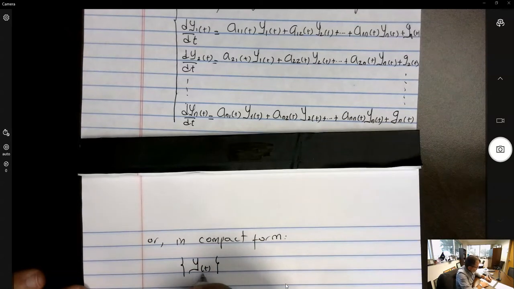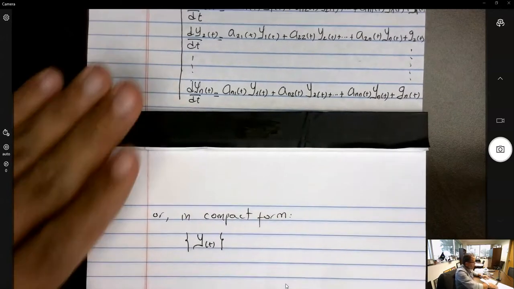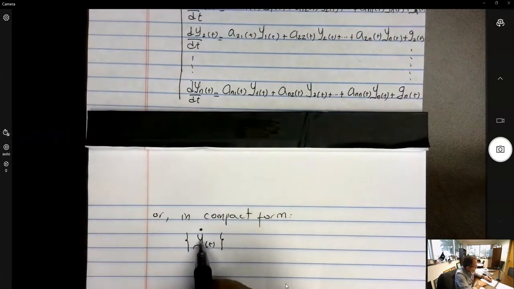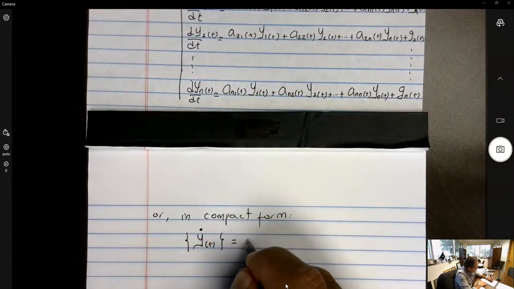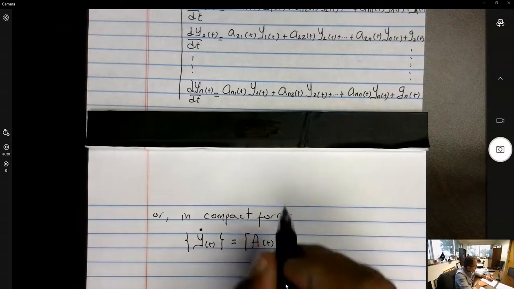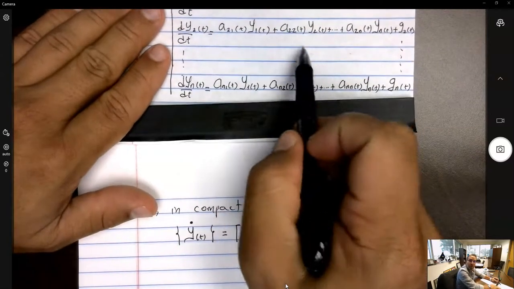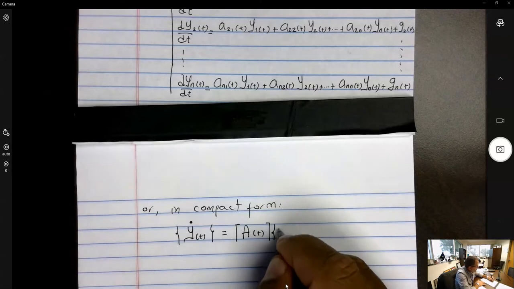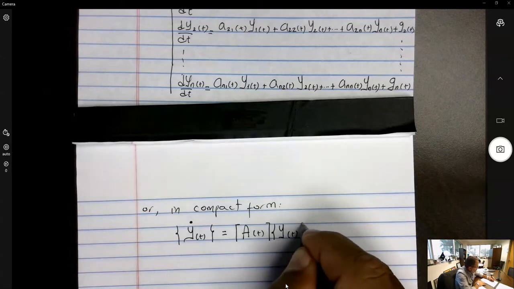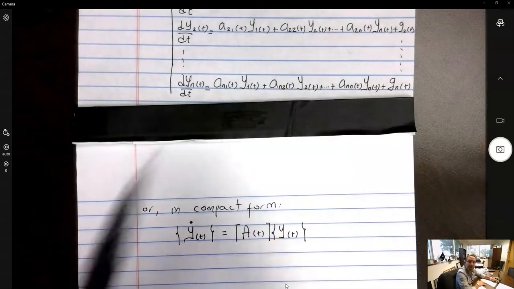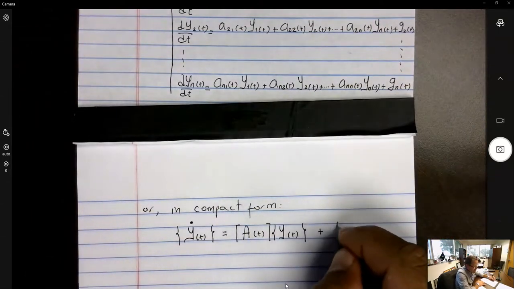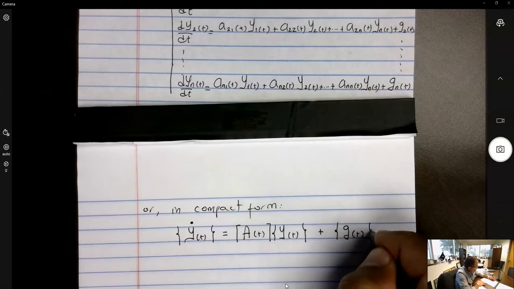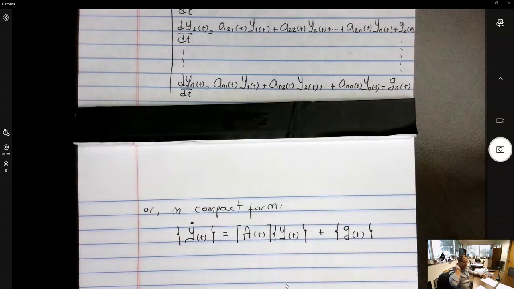So I've replaced the squiggle with a set of squiggly brackets, and on the left hand side we have y dot, which denotes the derivative with respect to time. It's equal to some matrix of coefficients that we call A of t, that includes all these A11, A12, and all these distinct coefficients, which could potentially be functions of time. That makes them variable coefficients. Times y of t. So every one of these coefficients multiplies the y of t, plus a vector of independent terms, g of t.